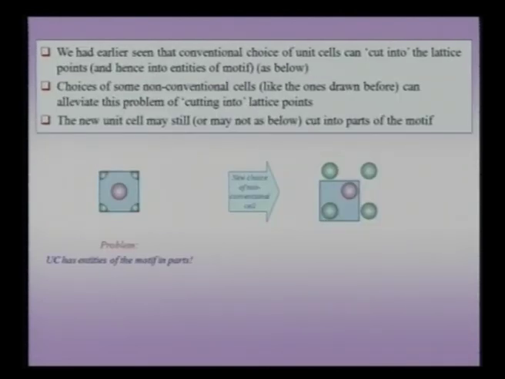And we had said that suppose you are not interested in cutting up the entities in representation of the unit cell, then in such a choice of unit cell, the one on the left hand side has shown entities in cut form, the one on the right hand side shows that the unit cell has 1 green circle and 1 brown circle, which is what we understand from the fact that it is a primitive unit cell.